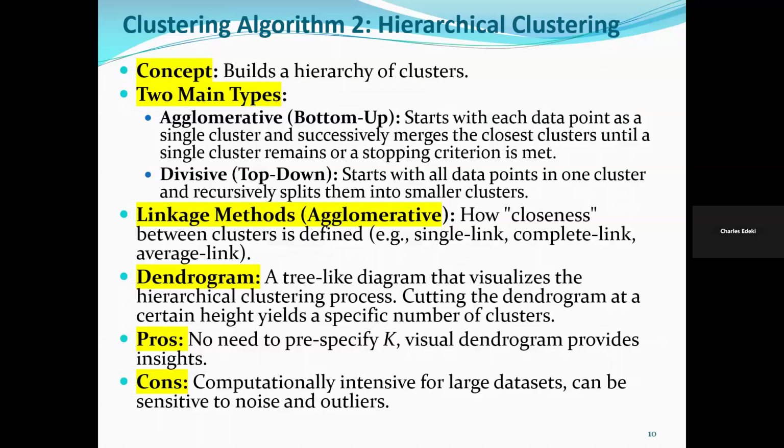Then complete linkage is what we call the MAX. That's the distance between the farthest pair of points in two clusters. This one will tend to form more compact clusters.